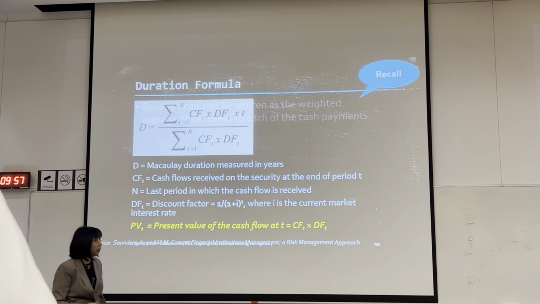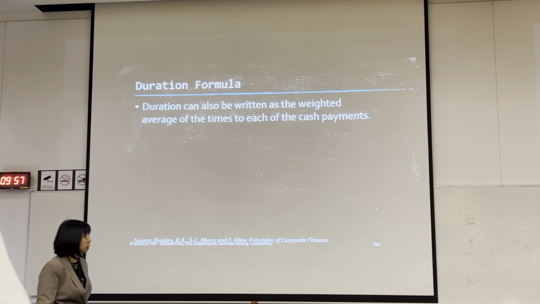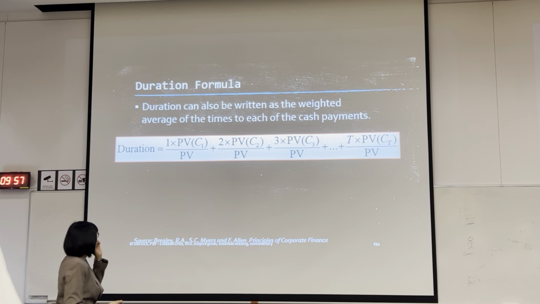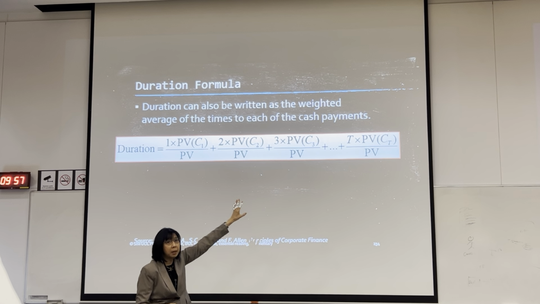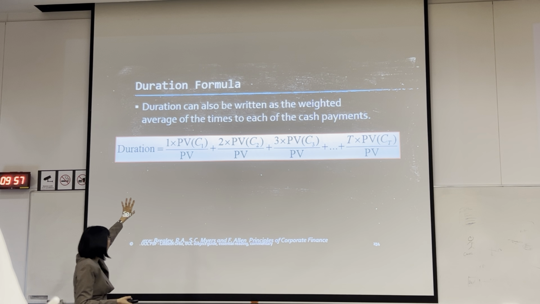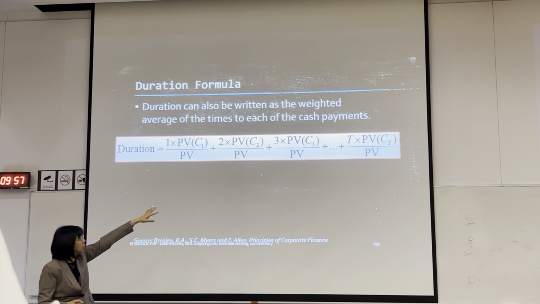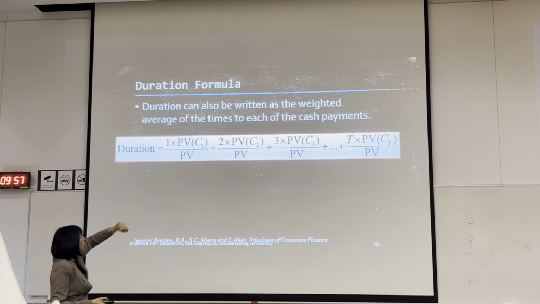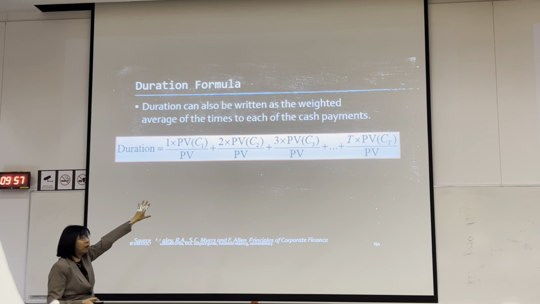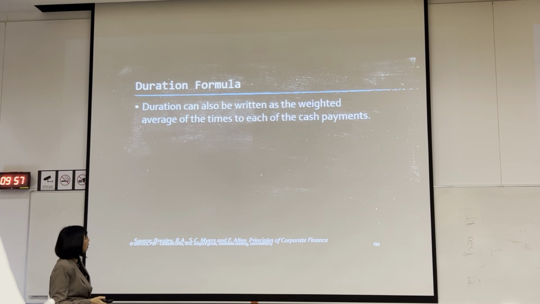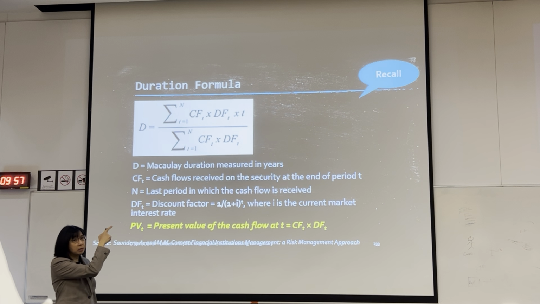Okay. Therefore, another way to express this is this way. So 1, 2, 3, up to time t, those are the time periods at which you receive those cash flows. You take the present value of that cash flow times the time and divide it by the total present value of all those cash flows, right? So this is kind of like a shorter way of writing this.